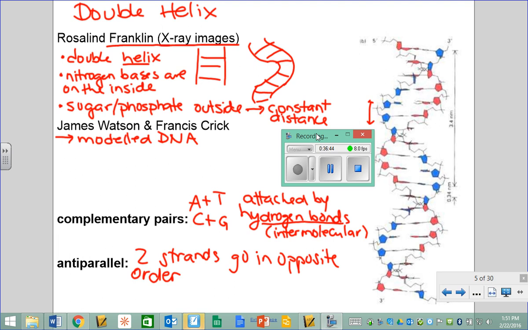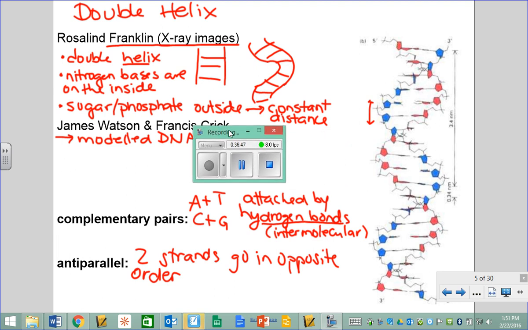Chemically speaking, you'll see some numbers. And so I'll just show you what they are so that they don't freak you out. Sometimes you'll see a 5 with a little line. If I were to read that out loud, I would say 5 prime. Sometimes you'll see a 3 with a little line. If I were to read that out loud, I would say 3 prime.